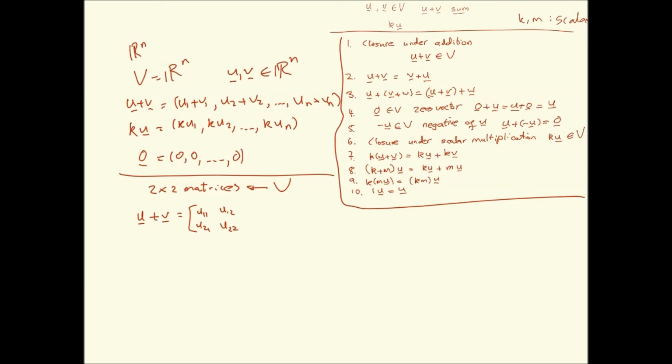Now scalar multiplication is of course k times u. That's standard multiplication of a matrix by a scalar. Everything in the matrix is multiplied by that.